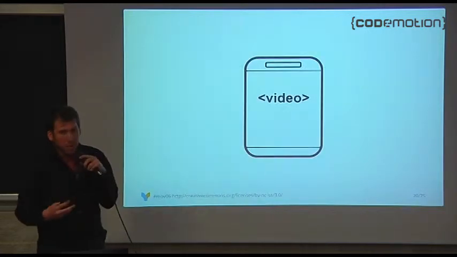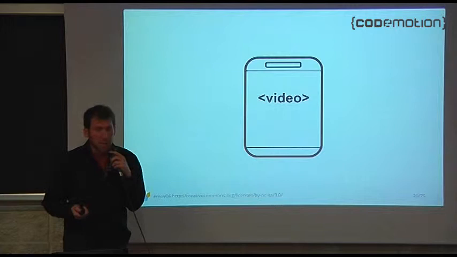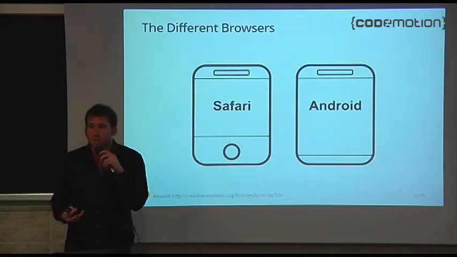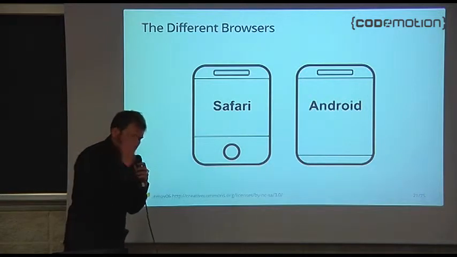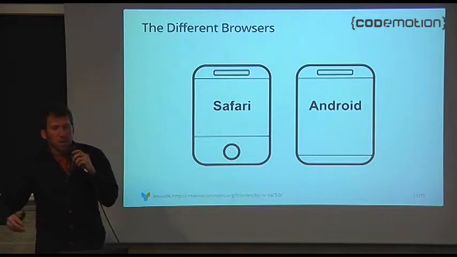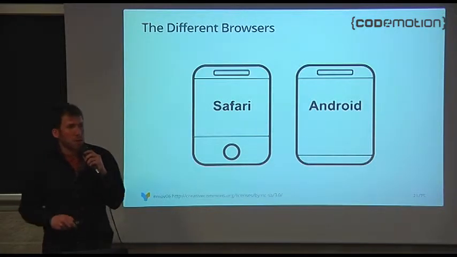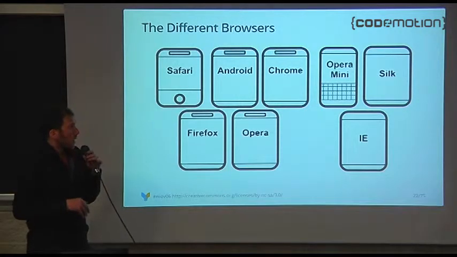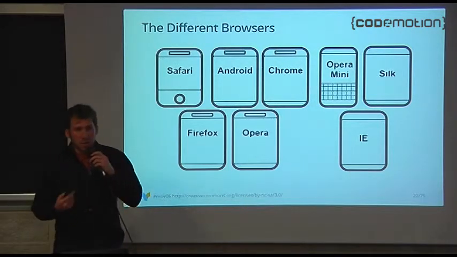But the important one is HTML5 video. This is where the excitement is. Most people, when they think about browsers in the mobile space, think they have Safari on iOS, and the Android browser or Chrome on Android, but that's not quite what it looks like. There are really a lot of different options. People use a lot of different browsers on all their different devices.